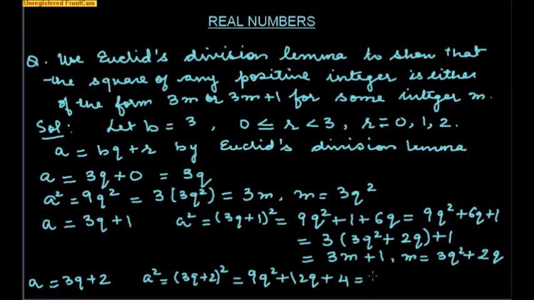In this again, I take 3 common out of the first two terms. So I get 3 into 3q square plus 4q, and 4 remains as it is.